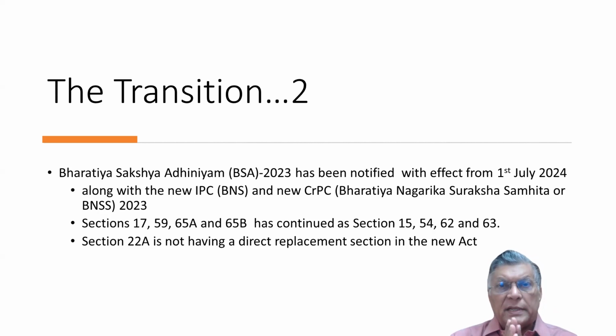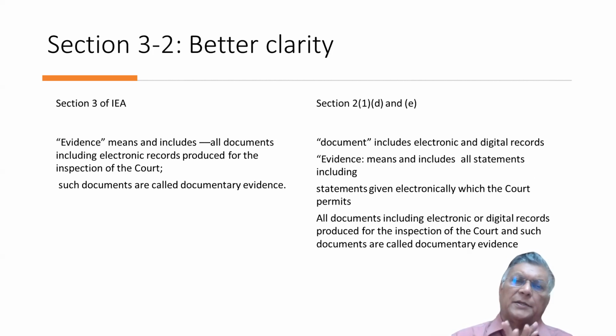In this version of the Bharatiya Sakshya Adhiniyam, the earlier Sections 17, 59, 65A and 65B of the Indian Evidence Act have been continued, but under different section numbers 15, 54, 62 and 63. Section 22A appears to be absent in this new act.